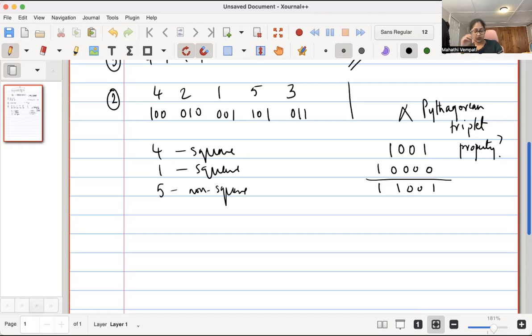Okay, yeah. You have numbers only up to n. The largest possible square you could make, and I have no clue if you can make such a thing, is n square, right?